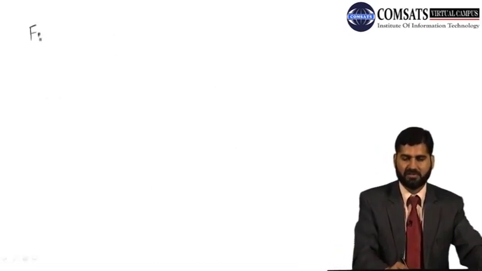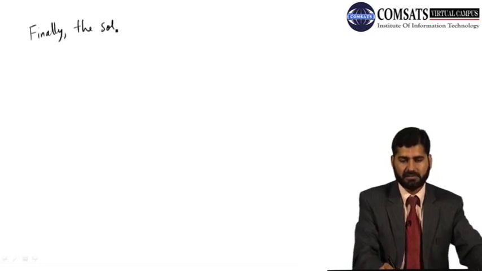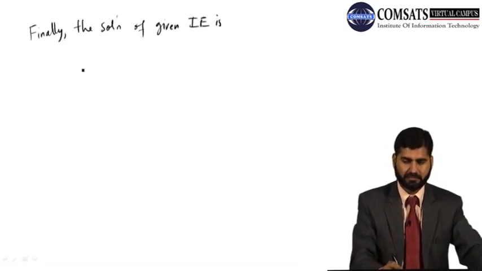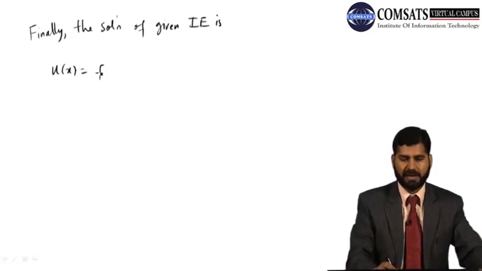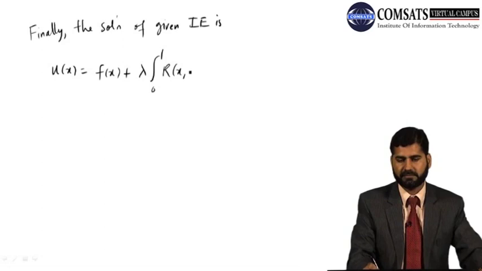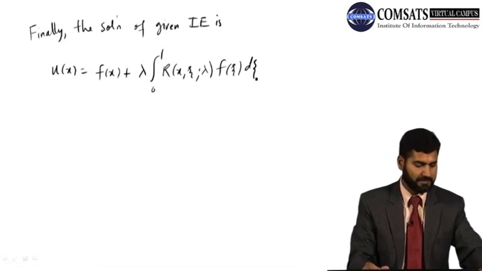If this is the resolvent kernel, then what is the final solution? Finally, the solution of the given integral equation is u of x equal to f of x plus lambda times the integral from 0 to 1 of the resolvent kernel and f of xi d xi.